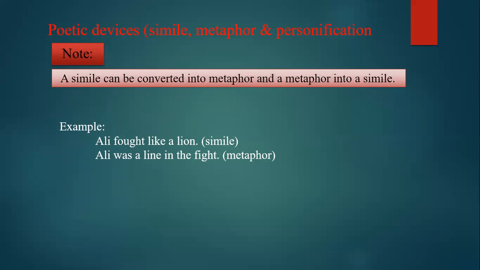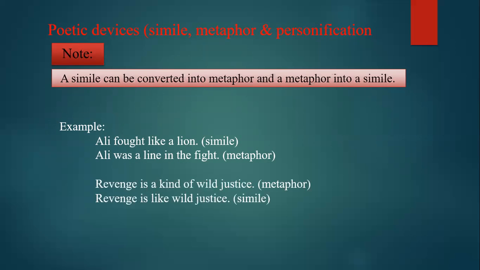Ali was a lion in the fight. This is a metaphor. Okay, so here you see your second example. Revenge is a kind of wild justice. This is a metaphor, and you can convert this sentence into a simile. Revenge is like wild justice.